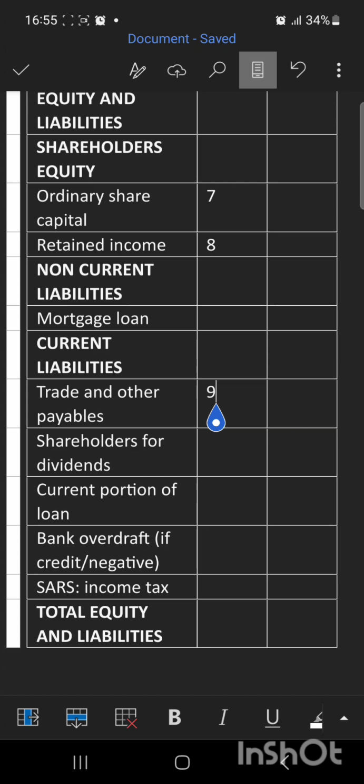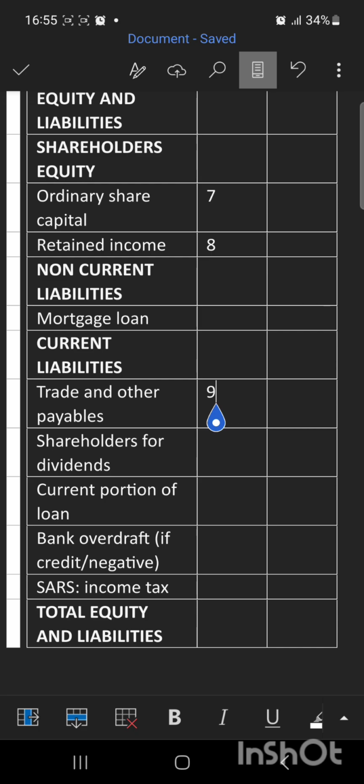Now we come to the liability side. We have the mortgage loan. With the mortgage loan, it's a bit tricky, but I find it very simple. They will tell you that 50,000 of the loan will be paid in the next financial year.